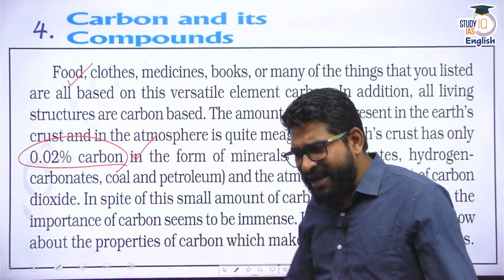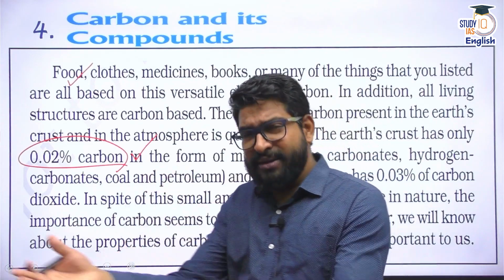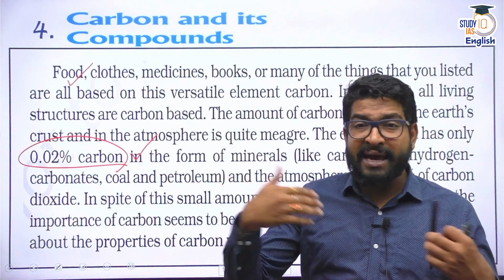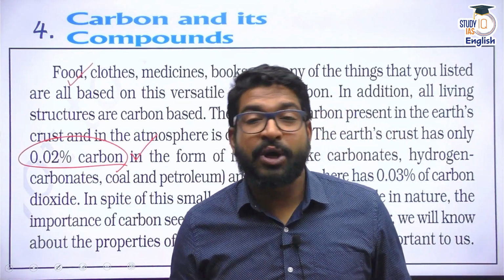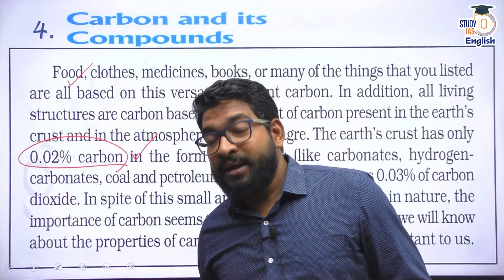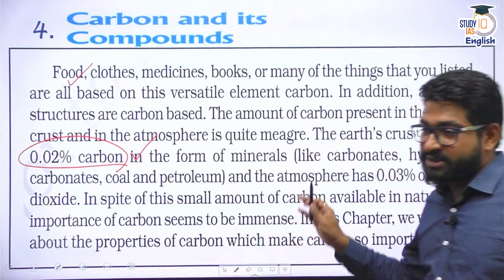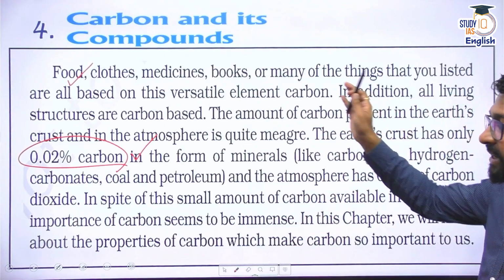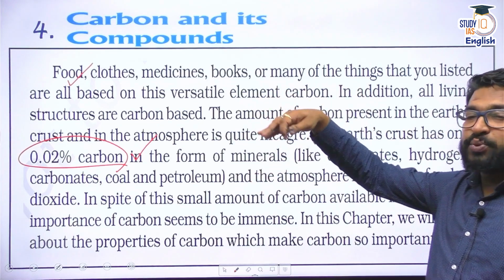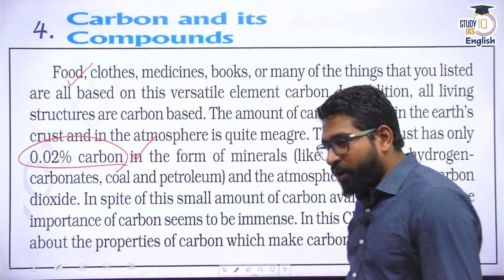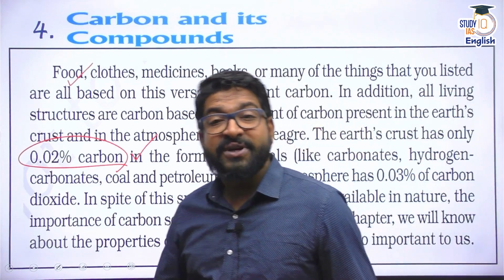As I told you, it is everywhere. It is in our body, it is in equipments everywhere, it is in all the things that you see. It's in the gas that we exhale out. So carbon is everywhere. Carbon is very versatile. It can react with many other substances. It can react with oxygen, it can react with nitrogen, it can react with carbonates, it can react with other stuff to prepare or to end up with different compounds.